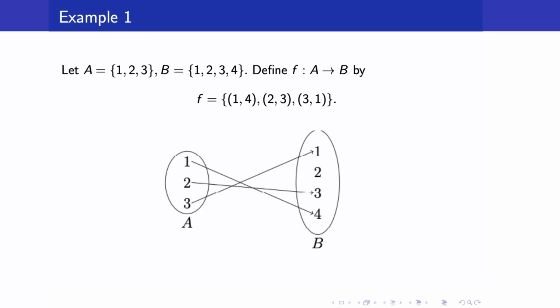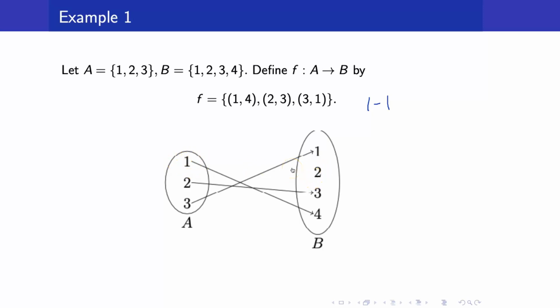So for example, our set A is this set. We define the function f to be this set of ordered pairs. Take note here that f is one-to-one because each element of B is the image of exactly one element in A. So that is the case for 1, 3, and 4. And for the element 2 in B, there is no element in A that gets mapped to 2.